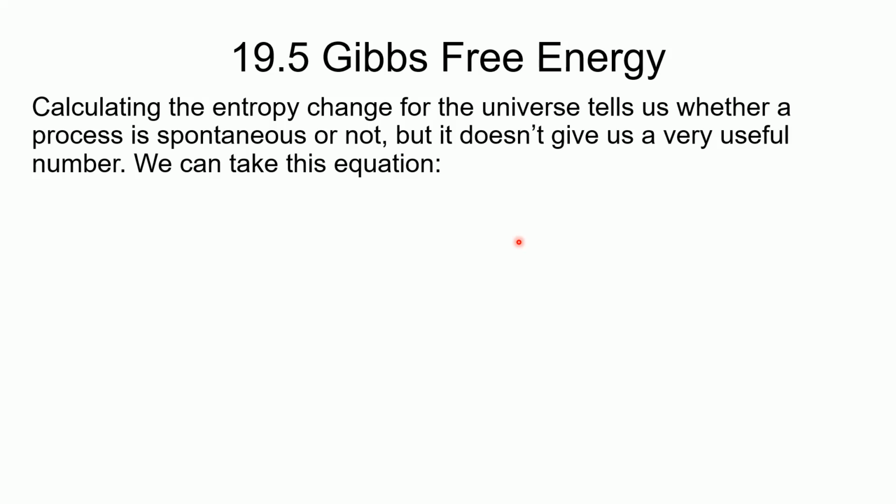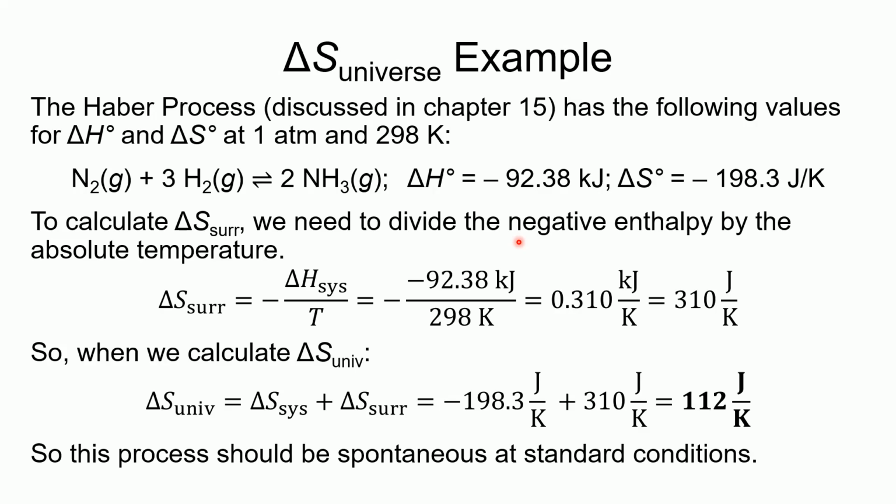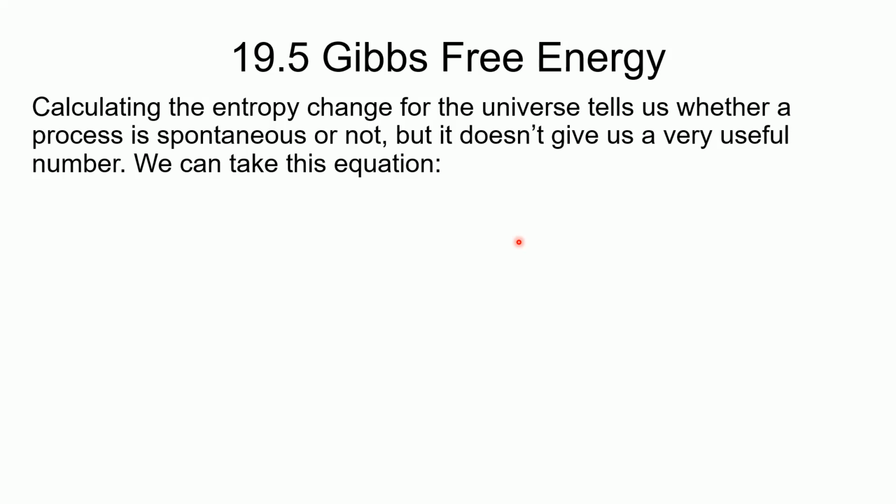Calculating the entropy change is interesting and a little bit useful, but that number isn't useful in and of itself. We can't do anything with that positive 112 joules per Kelvin by itself. So we can take the equation that we just used to calculate delta S of the universe and manipulate it. We love manipulating equations.